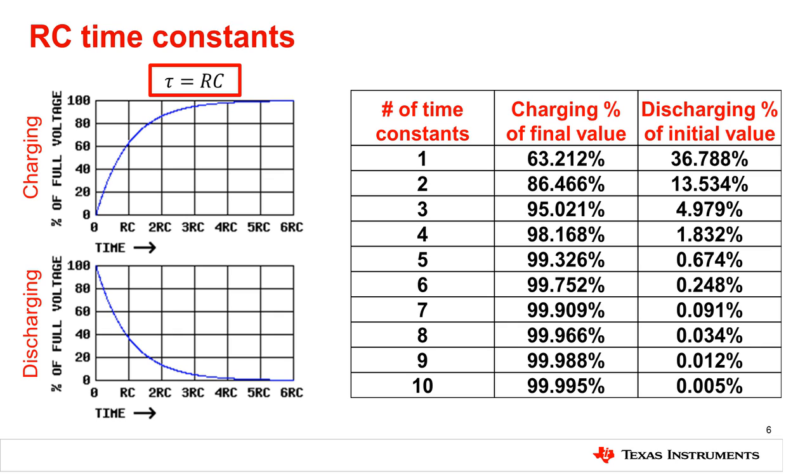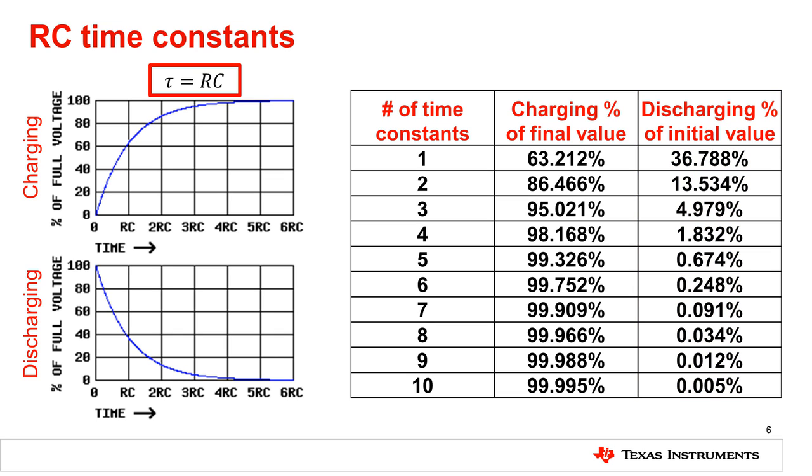For example, a charging RC circuit will take 1 RC time constant to reach 63% of its final charge value, 3 time constants to reach 95% of its final charge value, and 5 time constants to reach 99% of its final charge value. Time constants can similarly be used to determine the time an RC circuit will take to discharge.